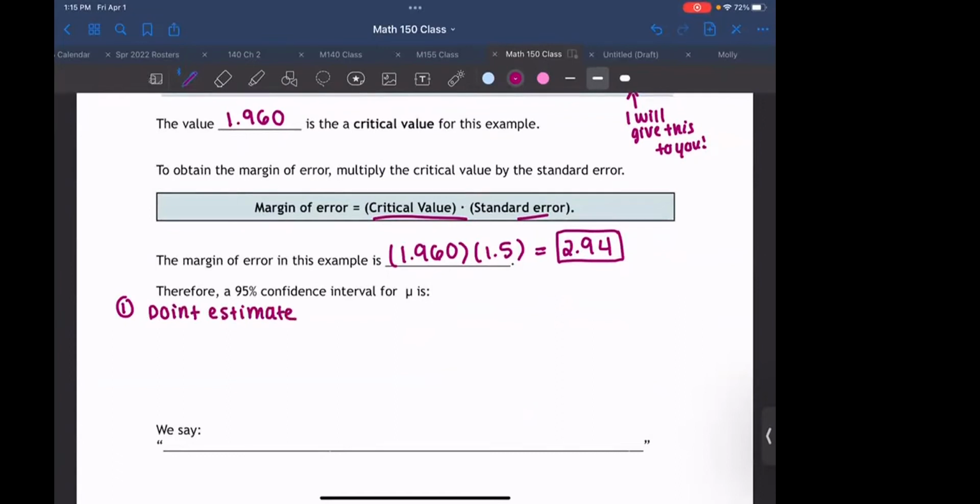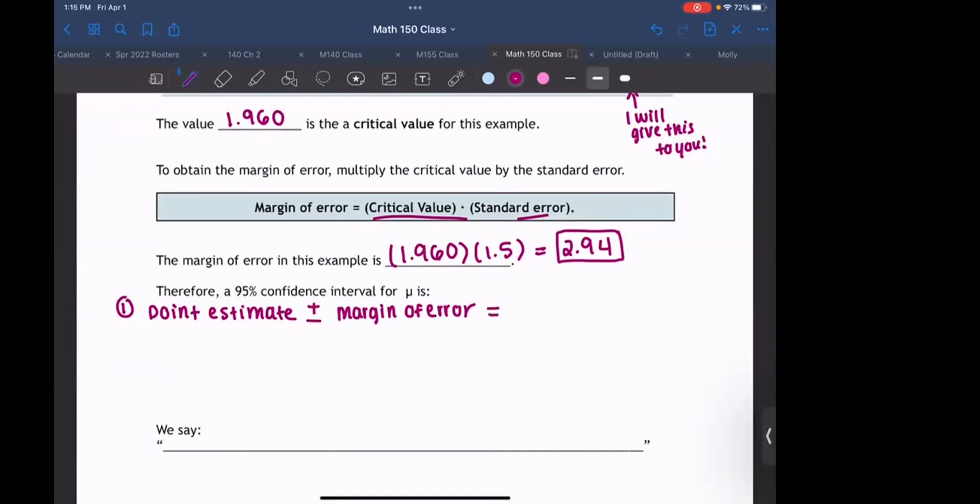I'm going to write a plus or minus sign, and then I'm going to write the margin of error. So I'm taking the point estimate, the thing that most represents the population mean, and then I'm going to add and subtract the margin of error, and that's going to tell us how big our confidence interval is.